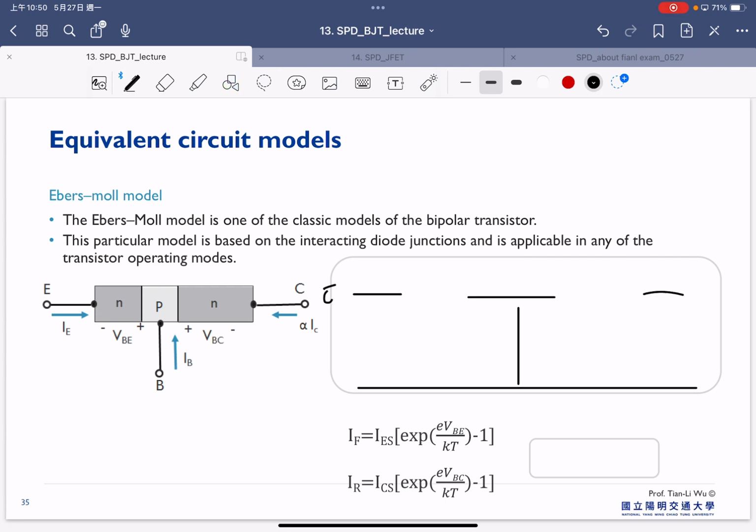So still we have emitter, base, and collector. Each PN junction we consider as one diode in series with one current source.